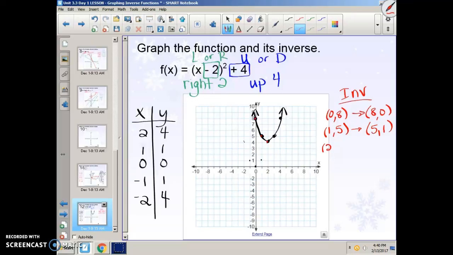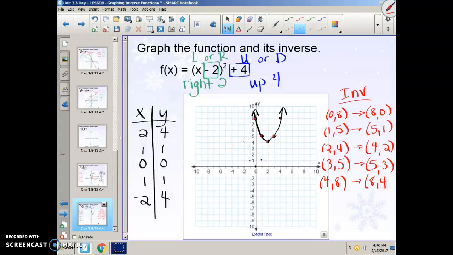This is 2, 4. Making it 4, 2. This guy right here is 3, 5, switching it to 5, 3. And last one is 4, 8, switching it to 8, 4. Okay? All that's getting graphed.